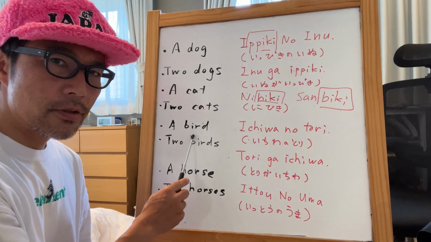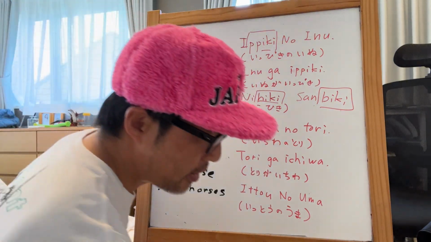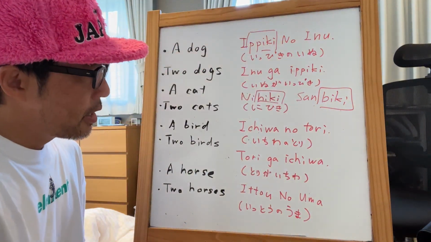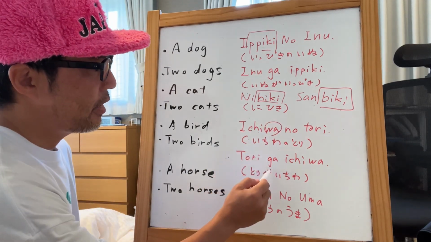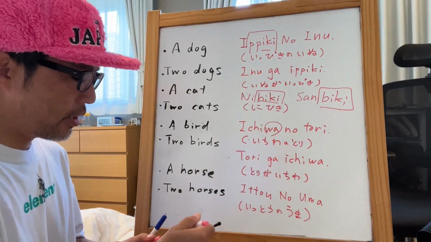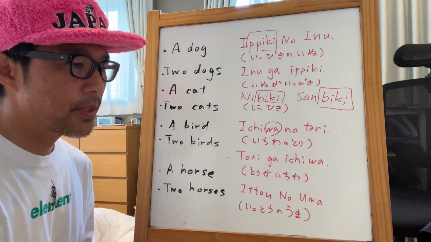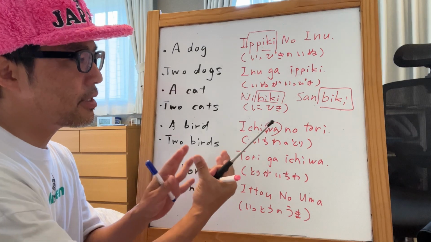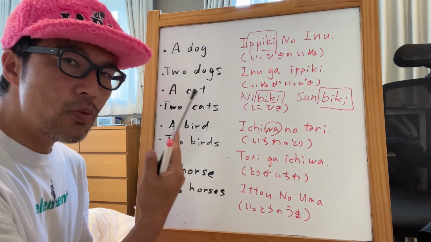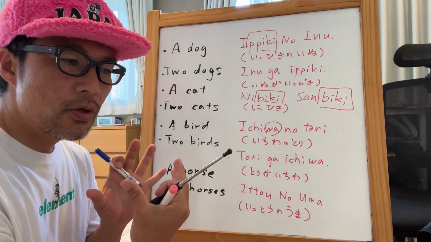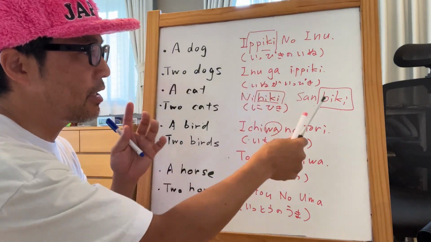for birds, you cannot say biki. It's going to be 羽。1羽、2羽、3羽、4羽、5羽、6羽、7羽、8羽、9羽、10羽。In the case of 羽, we have just one way to say it, not like piki, hiki, biki.